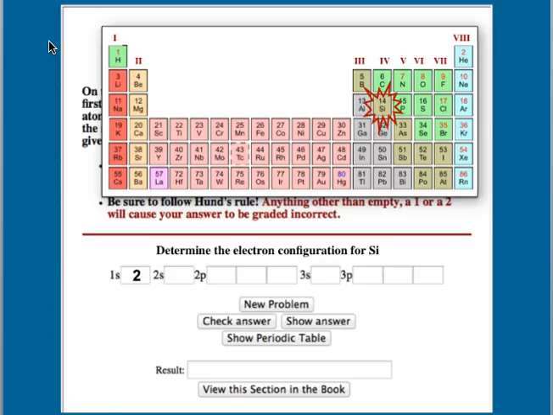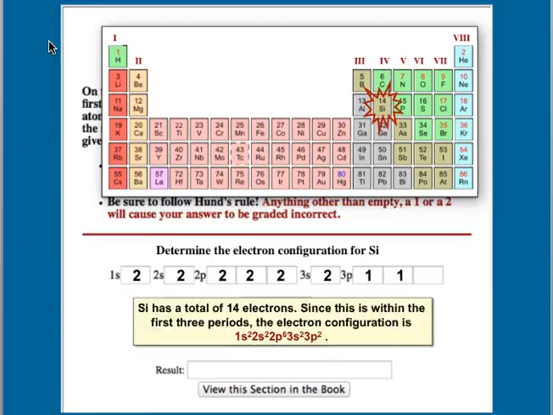Our 1s has 2, that's those guys. The 2s has 2. The 2p has a total of 6, but they go as 2, 2, and 2. 3s has 2, and our 3p has 1, 2, separately, 1 and 1.